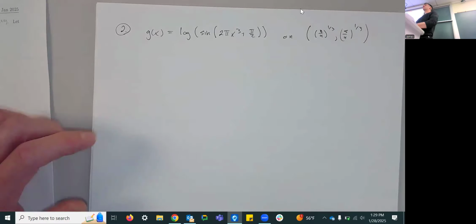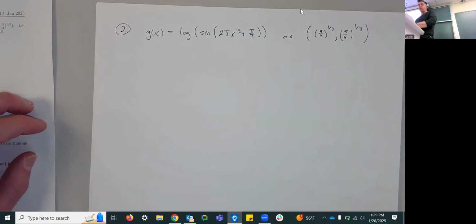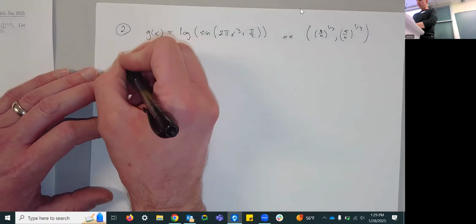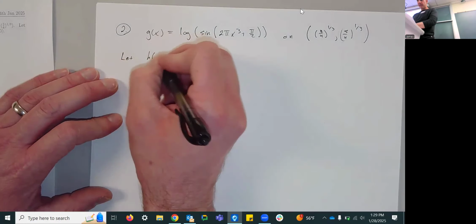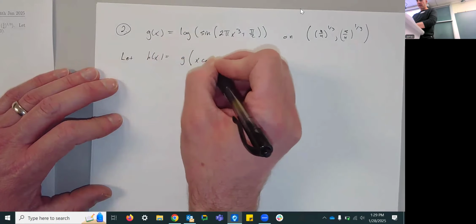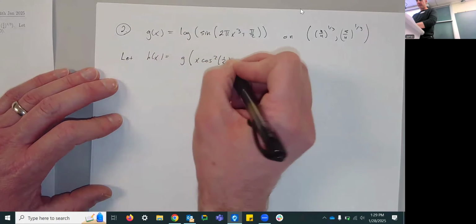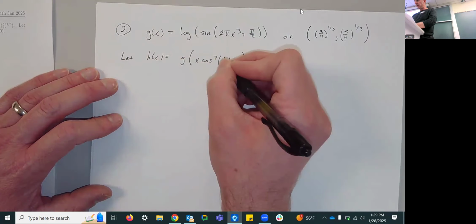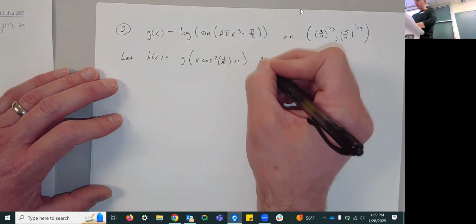It's a very atypical way of writing where a function is defined. And then we're going to let h of x equal g of x times cosine squared of 1 over x plus 1, as long as x is not equal to 0.